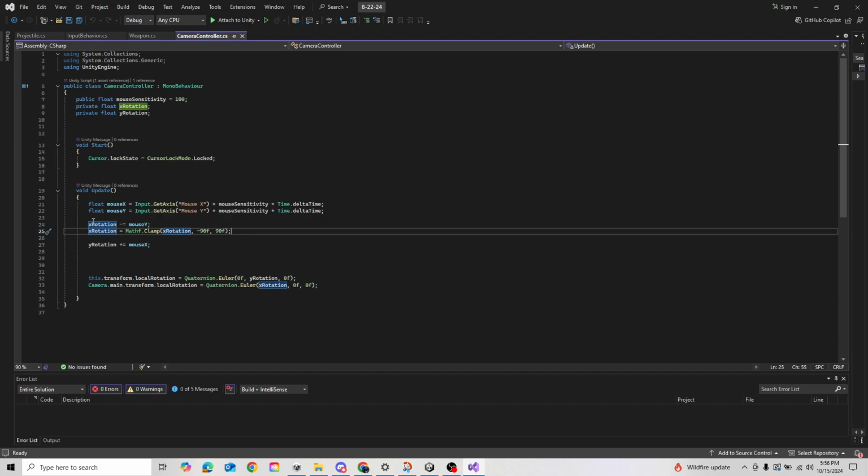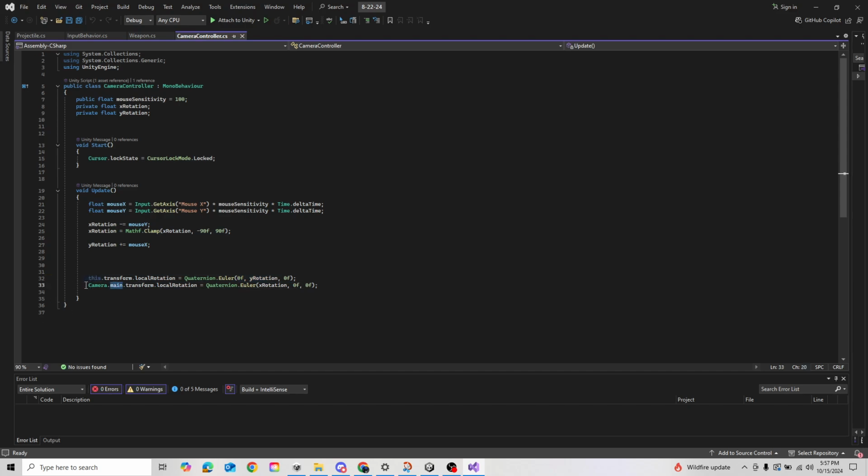To control the camera, we use these values being influenced by the Input.GetAxis to then transform the local rotation of the camera, and here for the player, so that the player turns around with us as we move.